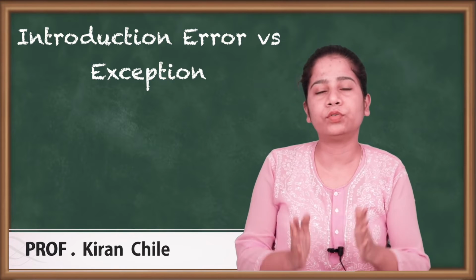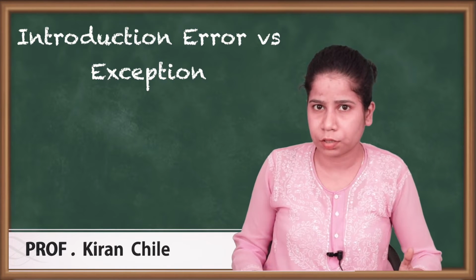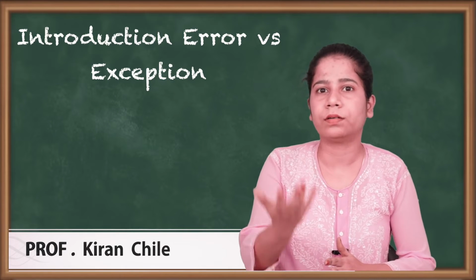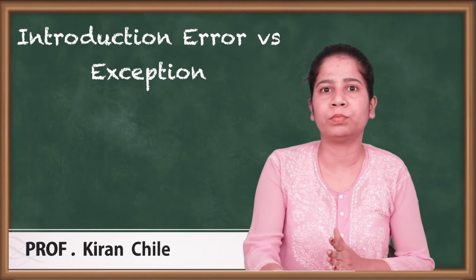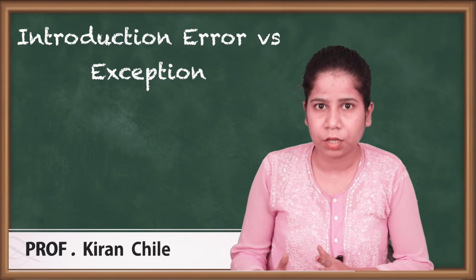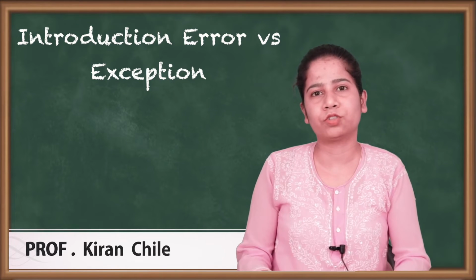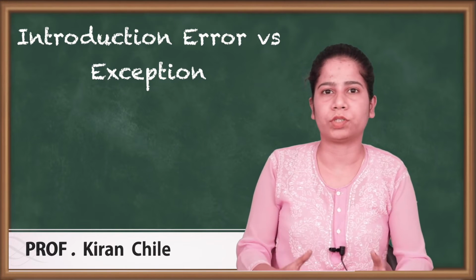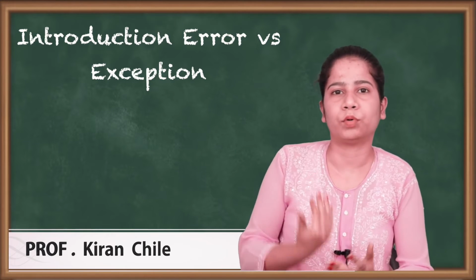Either it should show you a graceful message, so that the user understands what action to perform in such a case, or at least it should handle that situation and retake the input.